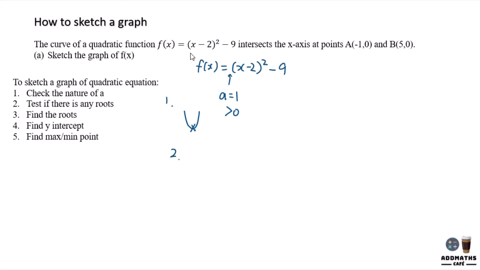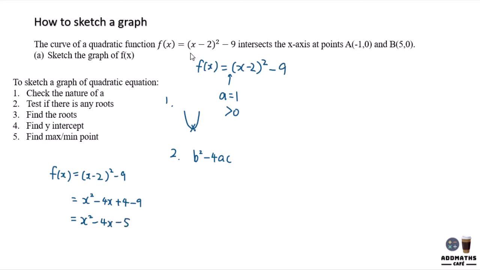Second, I need to check if there are any roots, so I need to apply b squared minus 4ac. But this is not in general form. What we do now is change this into general form. f(x) equals (x minus 2) squared minus 9. Let's expand this: x squared minus 4x plus 4 minus 9 equals x squared minus 4x minus 5.